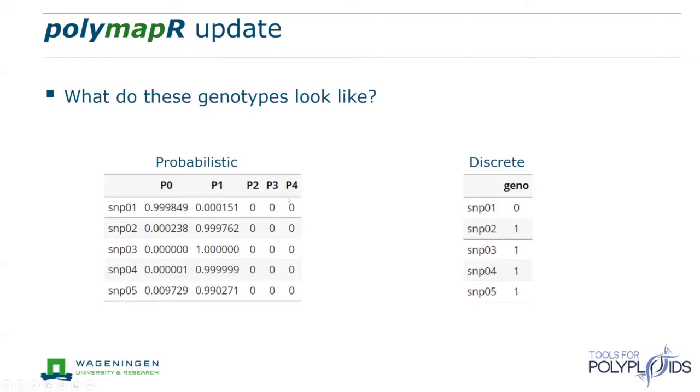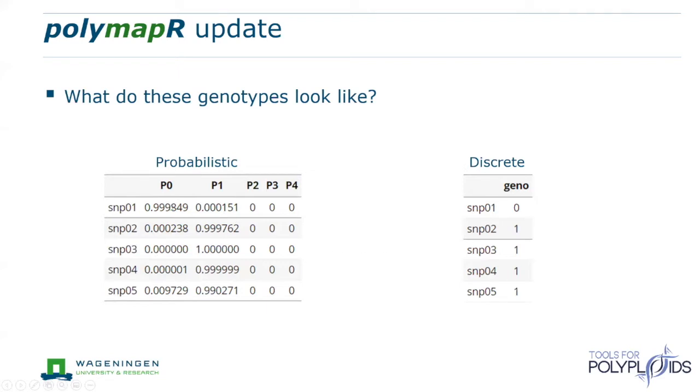So what do they look like? You see here just a dummy sample data set of a number of SNPs, and these are the probabilities of each of these dosages. So the probability here of a 0 is 99%, and the probability of 1 is quite small, and so on. And in a discrete data set, that would be just scored here as a 0, and that would be a 1, and so on.